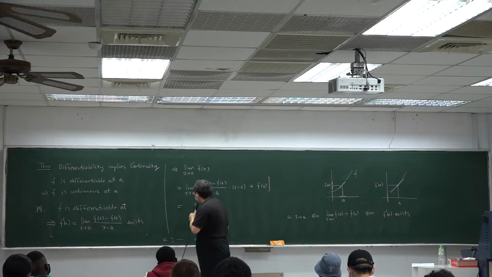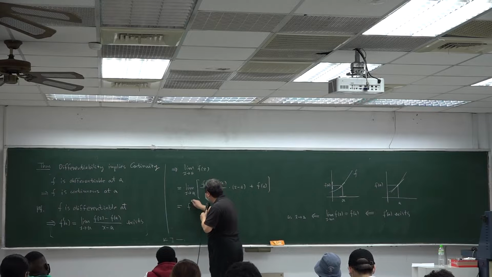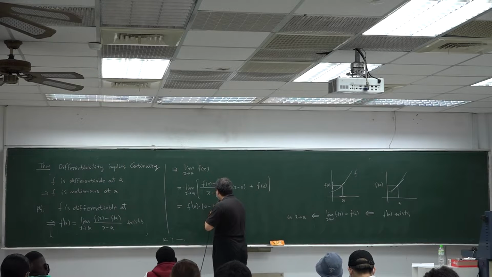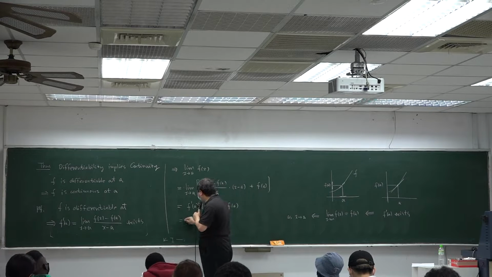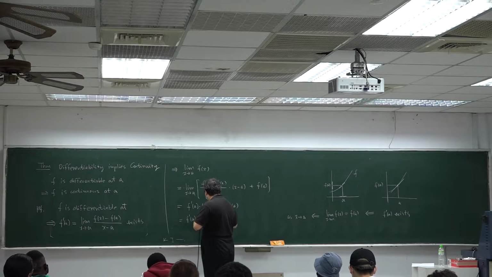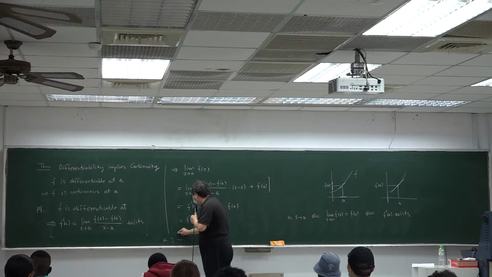Since this limit exists, with a polynomial and a constant function, the limit is f of a.